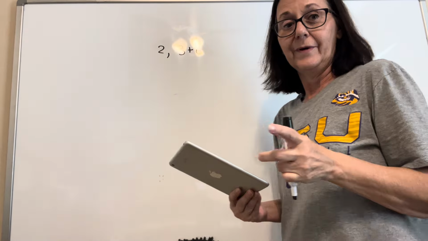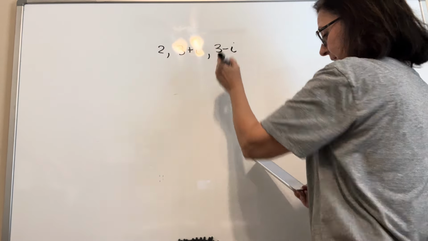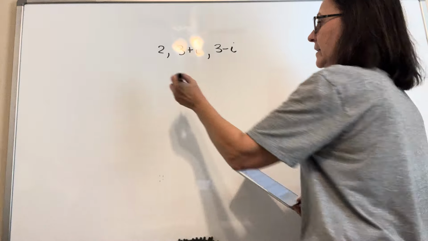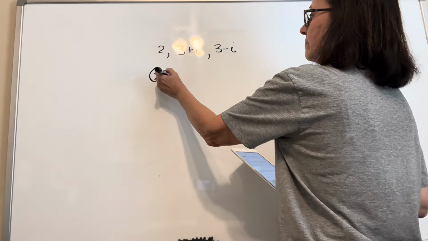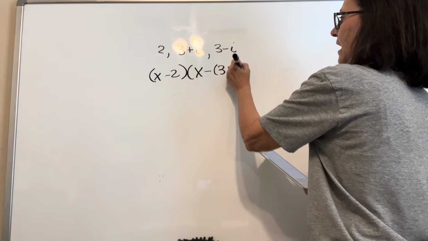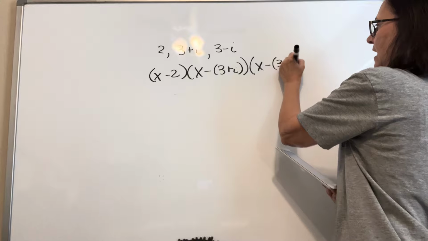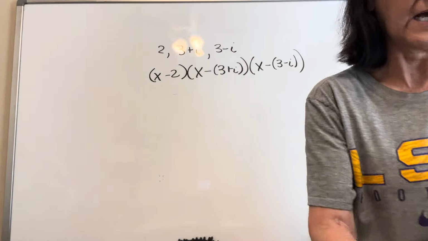Well, I know if 3 plus i is a solution, then 3 minus i is a solution. So my factors would be x minus 2 times x minus 3 plus i times x minus 3 minus i. Let's eliminate the parentheses inside.